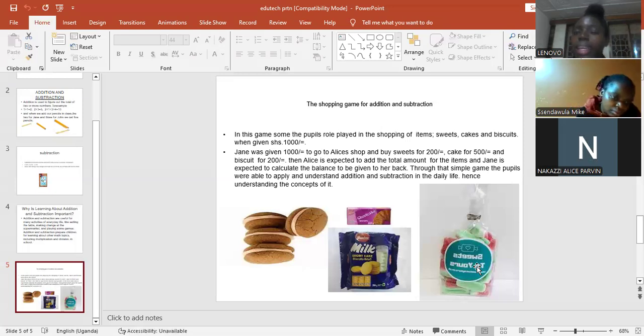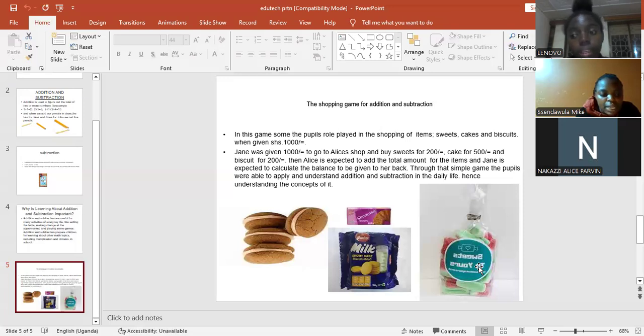A shopping list also includes the price of the items you are going to purchase from a certain shop. Then your mother can give you the amount. Most times she has to sum up the amount of the items you're going to buy and the money she gives you to go to the shop. Not so?